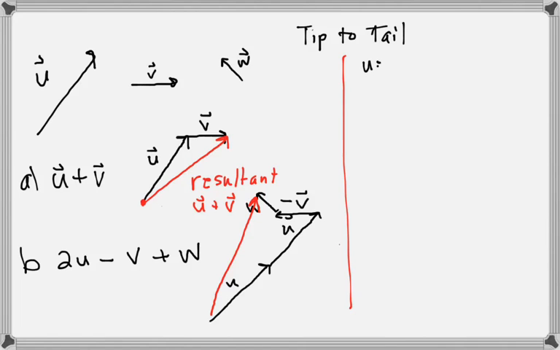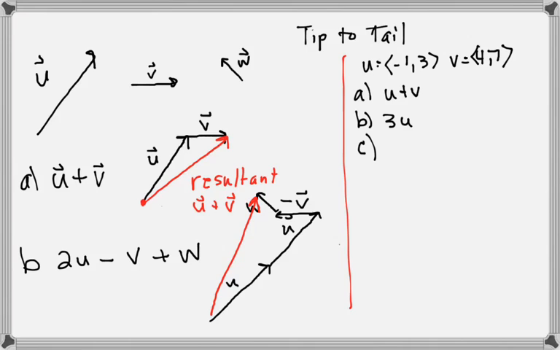So u equals -1, 3. V equals 4, 7. I want you to do the following. I'm going to do just u plus v. B is going to be 3u, and c would be 2u minus v.